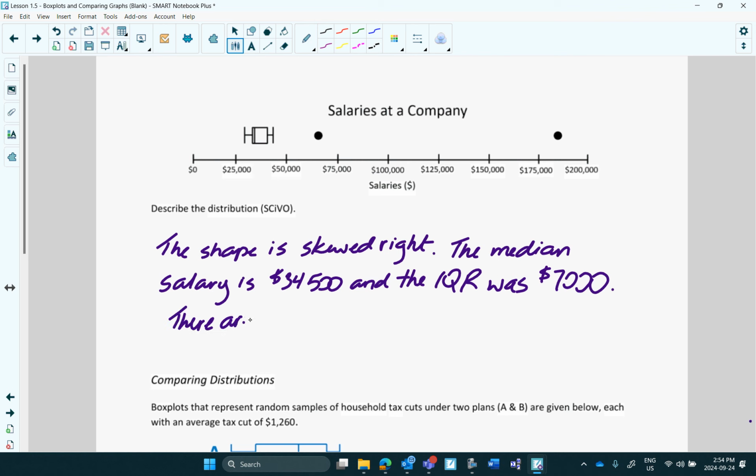And there are 2 outlier salaries. So that's a couple of sentences on describing the distribution. And notice we've dealt with shape, center, variability, and outliers.